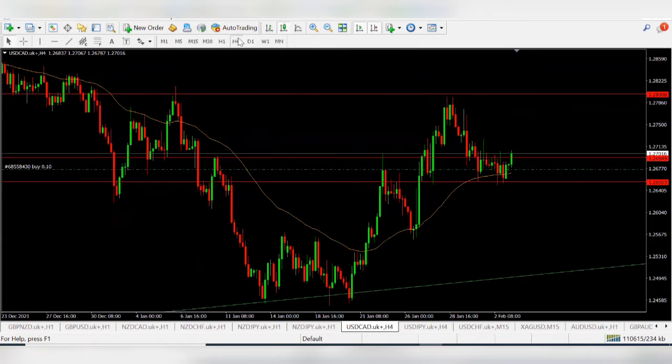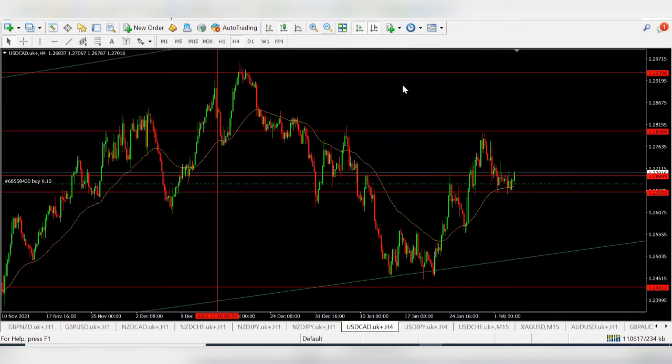Now on the 4-hour time frame, what do we have here? We have a market that is trending upward.